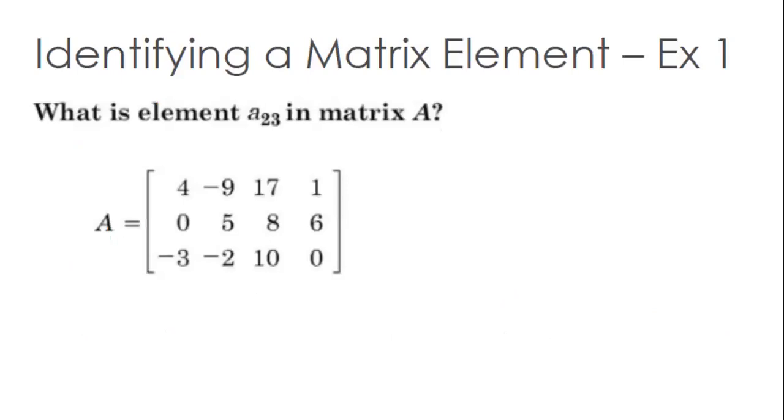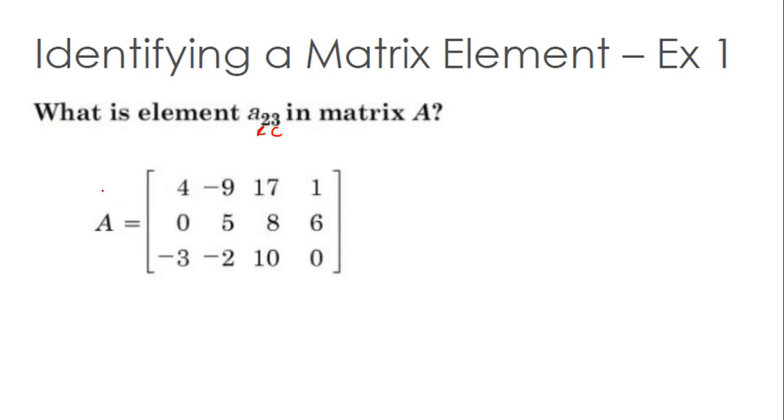All right, next they're called elements. The numbers or letters in a matrix are called elements of the matrix, okay? To find the element, it'll have a subscript here, and that subscript tells you what row and what column to go to. So this is saying, what is element a?